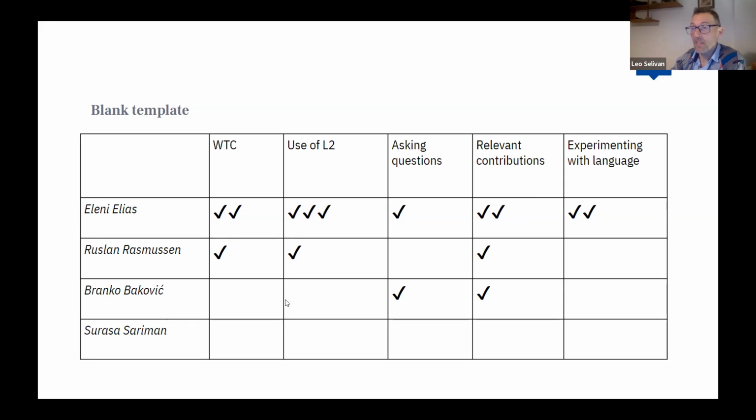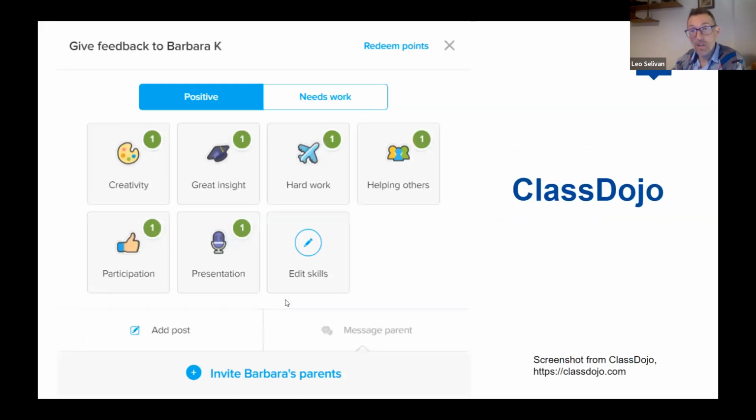I don't know if you're familiar with this tool called Class Dojo. Class Dojo is one of those gamification tools you can use to motivate students. It was essentially designed for young learners, because you see this invite Barbara's parents, so you can also invite parents. I've been using it successfully with learners of all ages without the parents component.